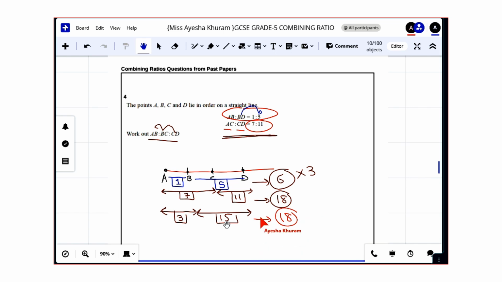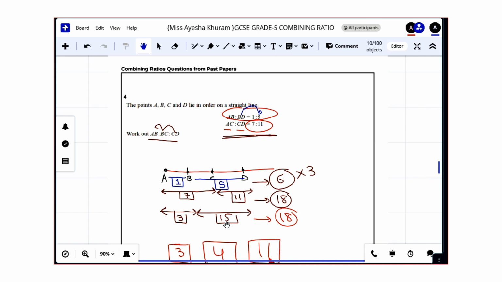So let's make an equivalent ratio now. I got 3, then for the middle part I subtracted and got 4, and the last part is 11.